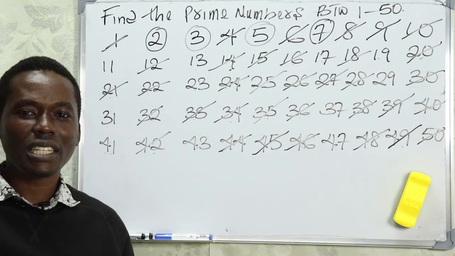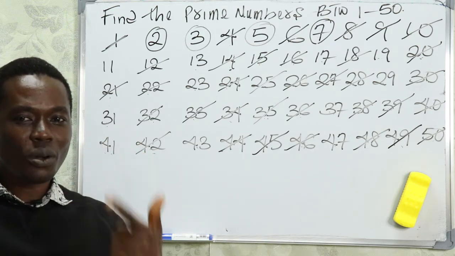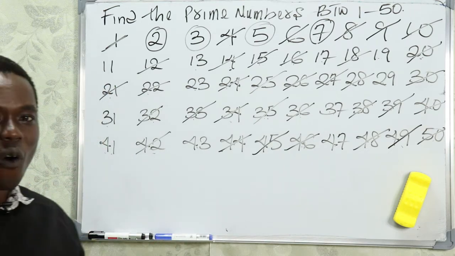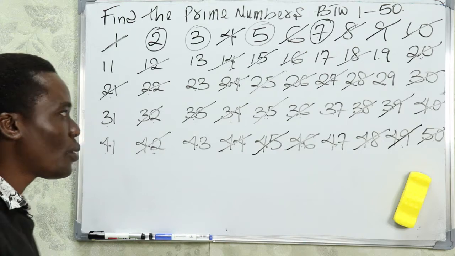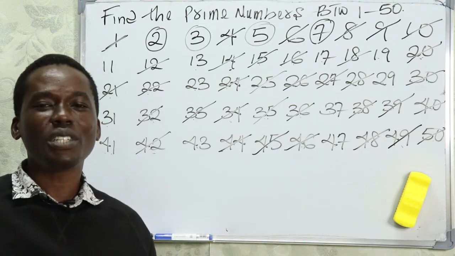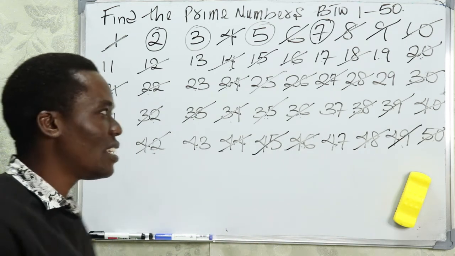I guess you can do that, as I will be giving it to you as your quiz, for numbers from 51 to 100. Now, let's circle all the numbers that are prime numbers, because all the numbers remaining after we have killed all these other numbers are prime numbers that are below 50. Now let's go.